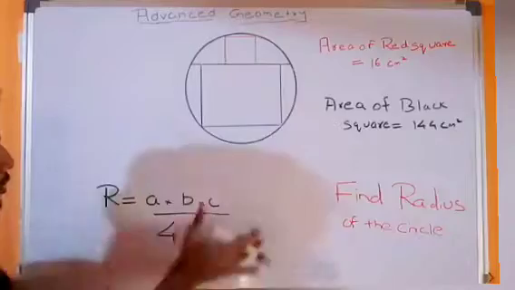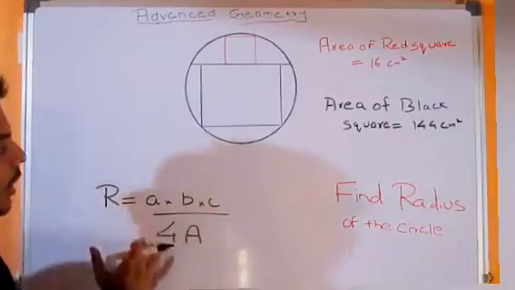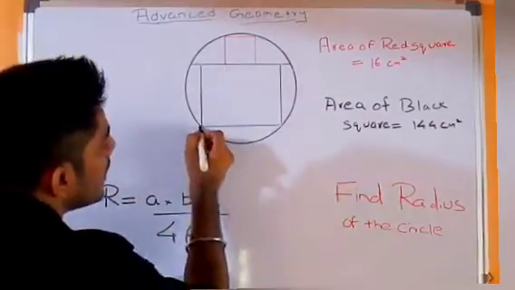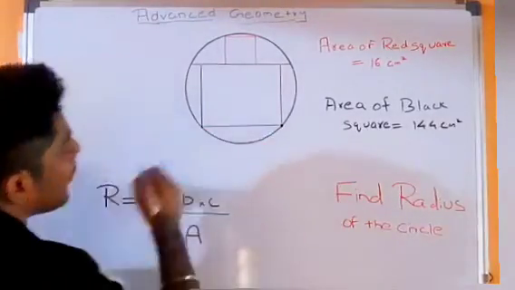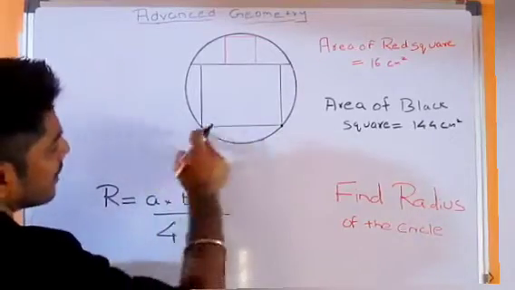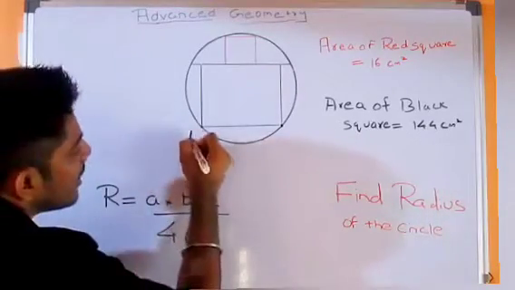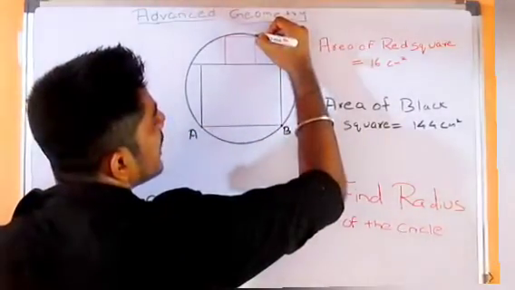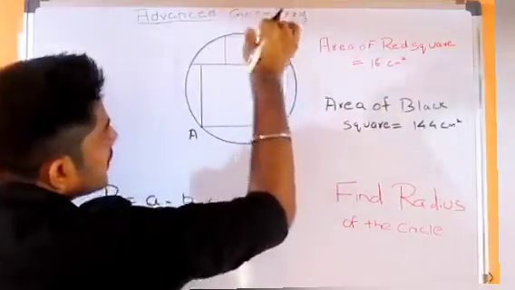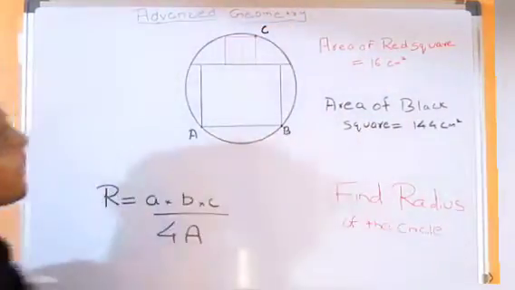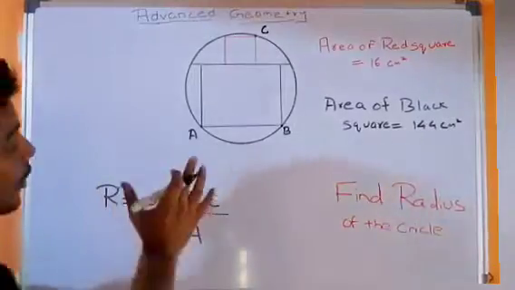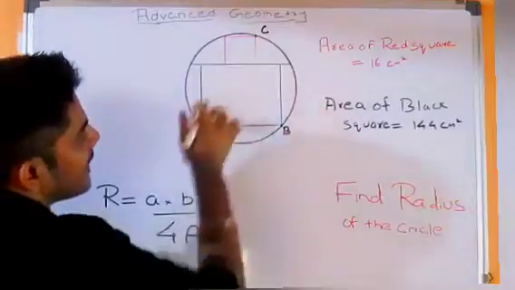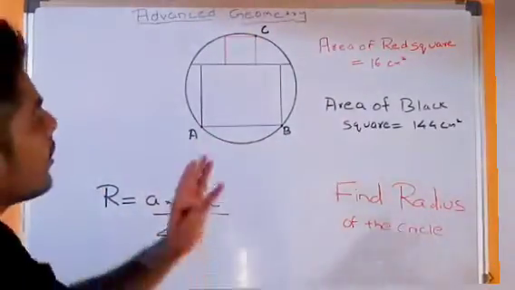So how are we going to use the radius of a circumcircle here? I'm going to name the corner points which are common to the circle and the square A and B, and I'm going to name the top vertex of the smaller square C. Now that I've got the extremities of the squares, these 3 points A, B, C all lie on the circle.